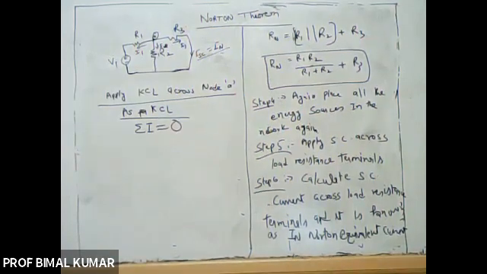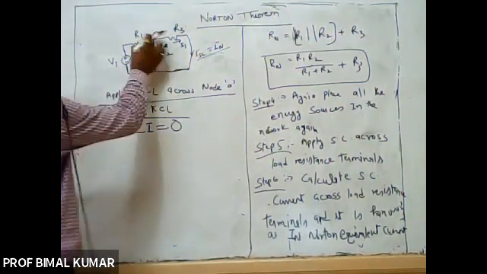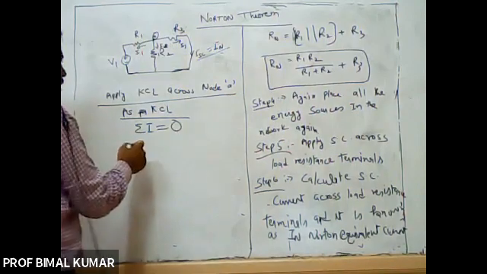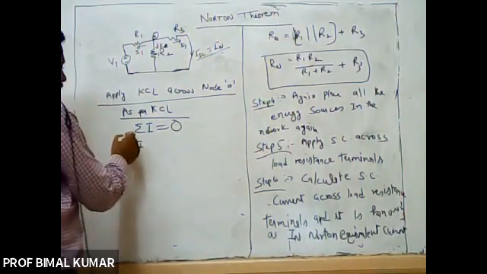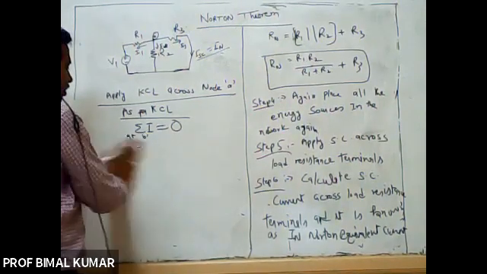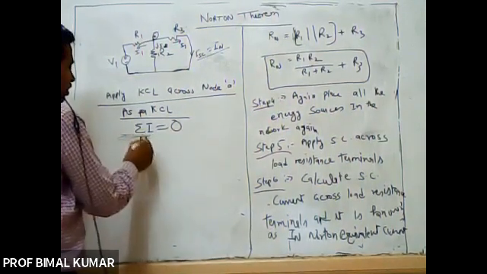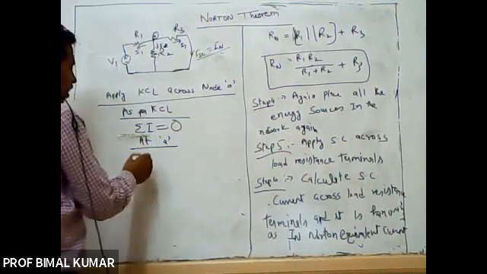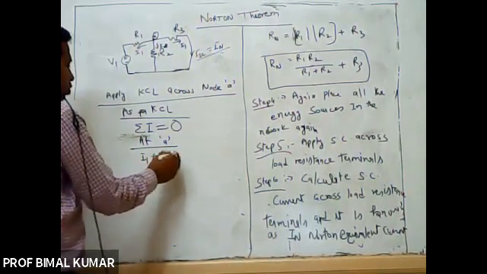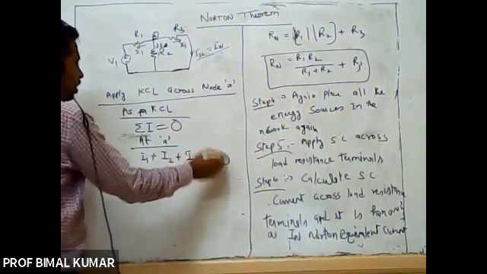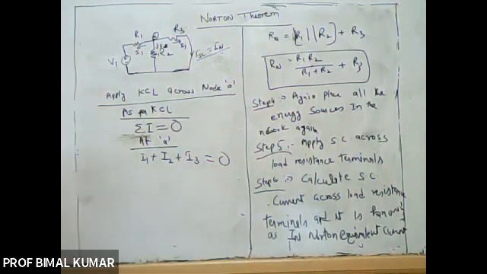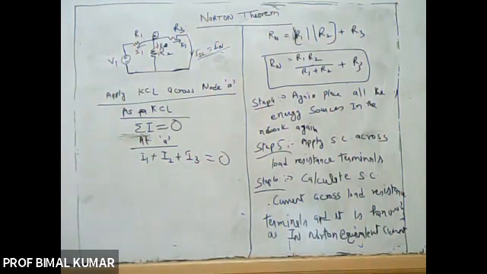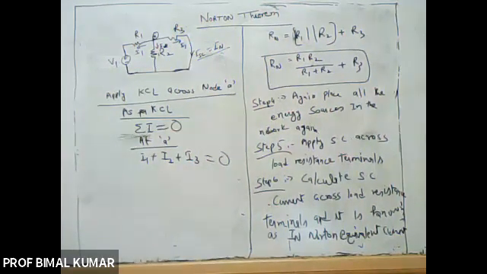So in this particular case, there is no incoming current because all are leaving this junction A. So at A, I1 plus I2 plus I3 will be equal to 0, because all the currents are in the outgoing direction.